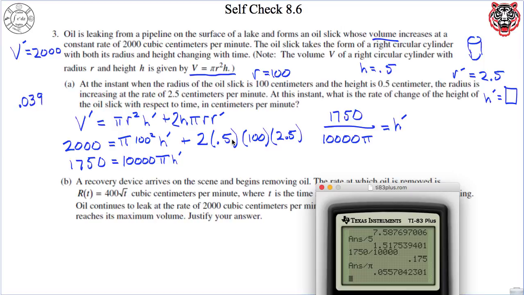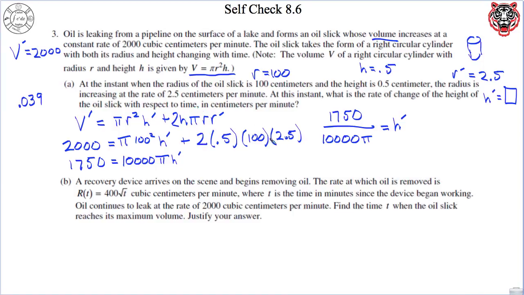What was our mistake? Oh my god, I see what we did. There's our error. There should have been a pi in here. So we should have subtracted, this is gross. But then it'll just be 1,750 divided by 10,000, right?